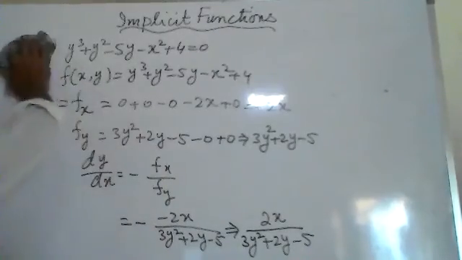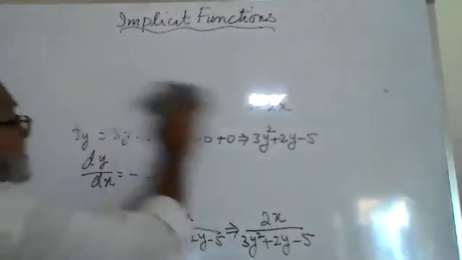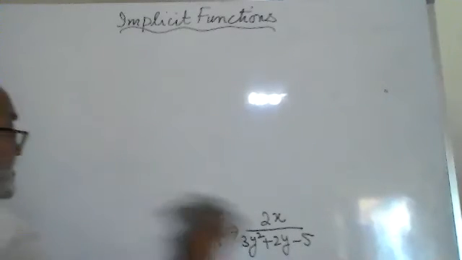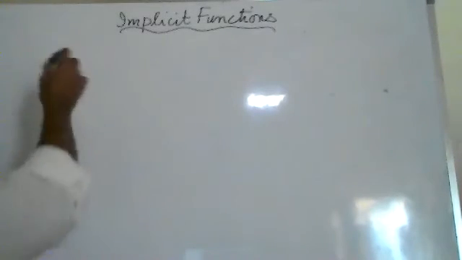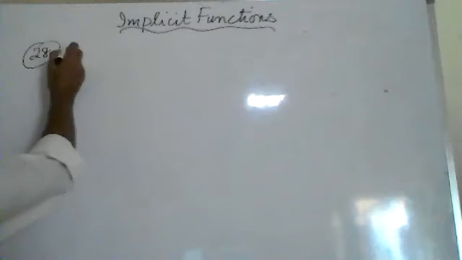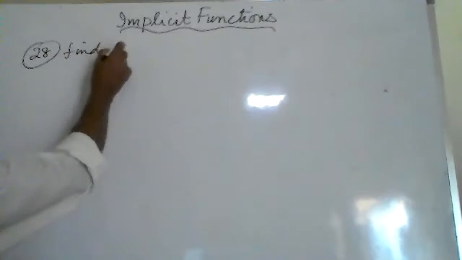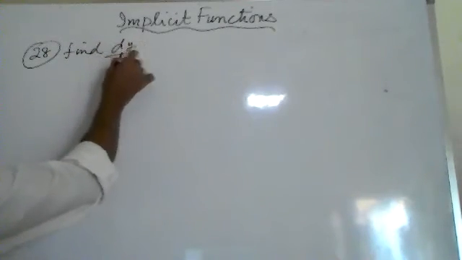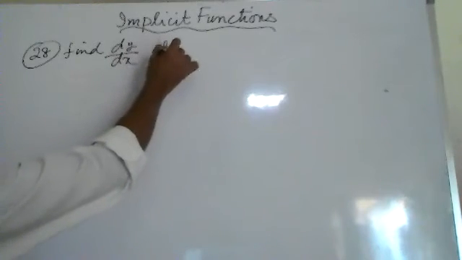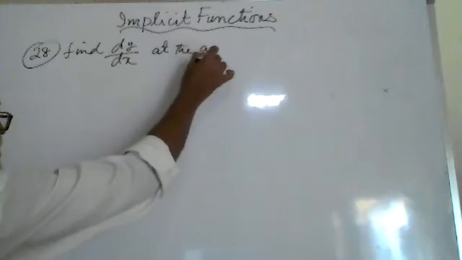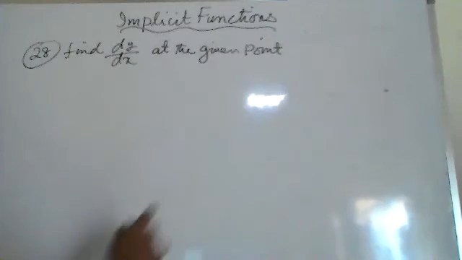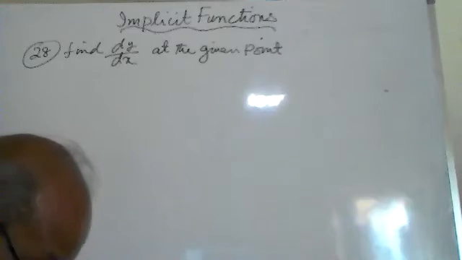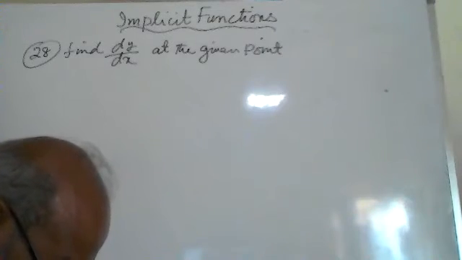Question number 28. Find dy upon dx at the given point. And what is that given point? 0, ln 2.